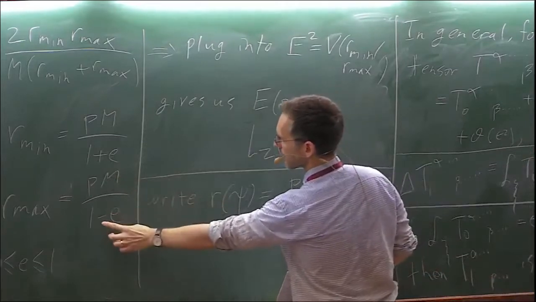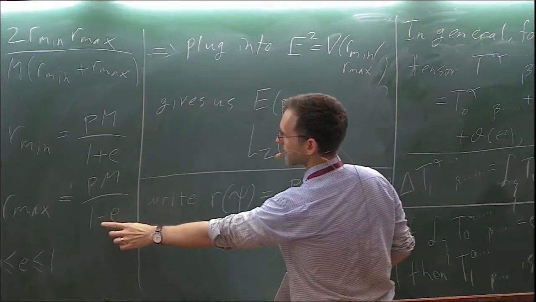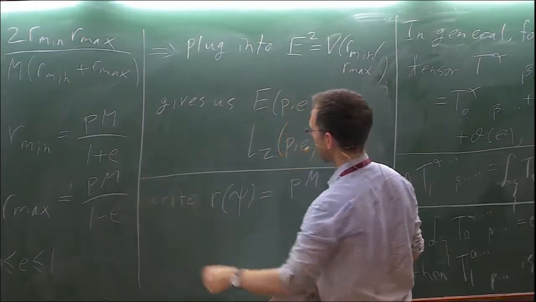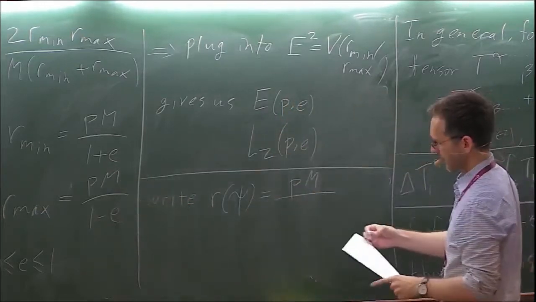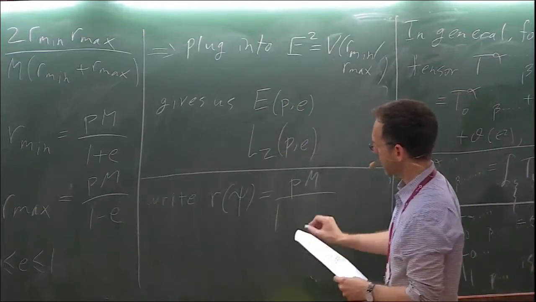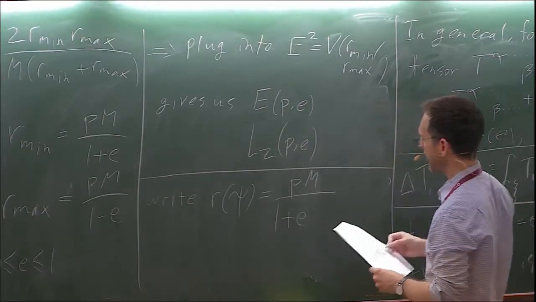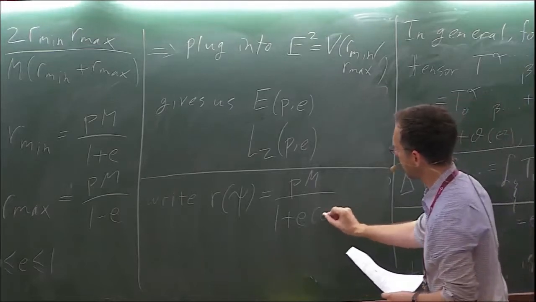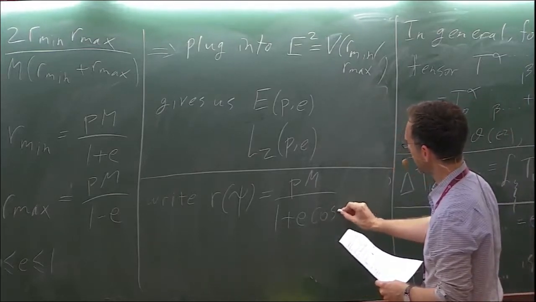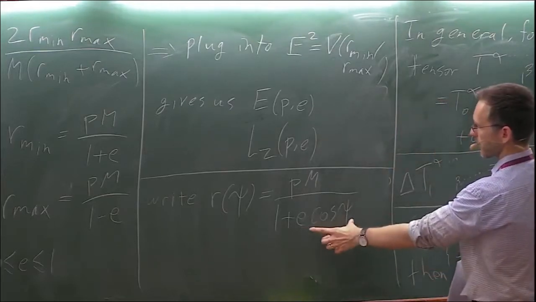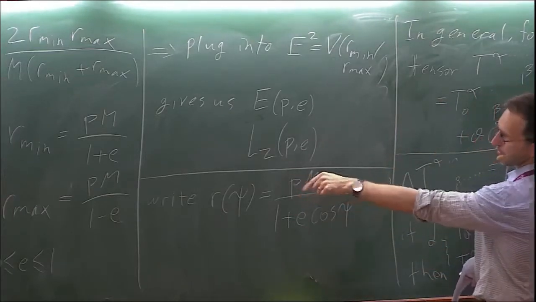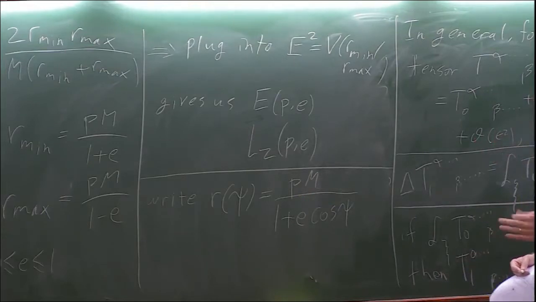So all that's changing is the factor in front of this e on the bottom. So let's keep the pM upstairs, let's keep the 1, and then we have e times an oscillatory function cos psi. So this is going to oscillate between minus 1 and plus 1, just like we want the oscillation between our min and our max.